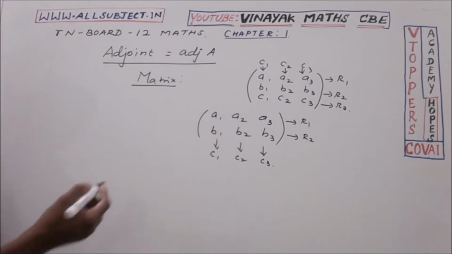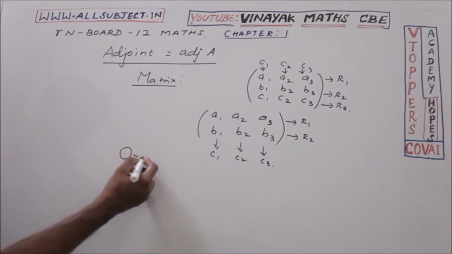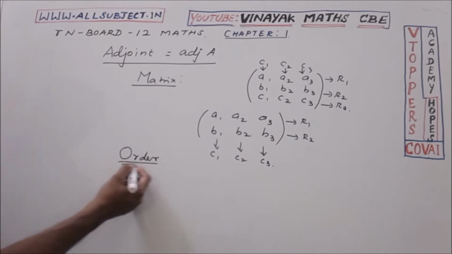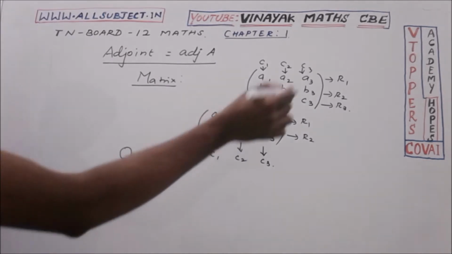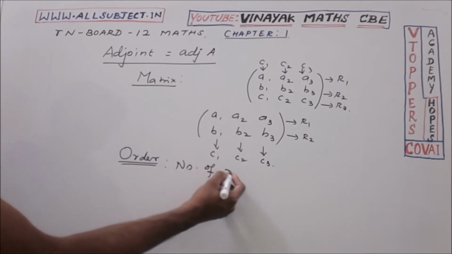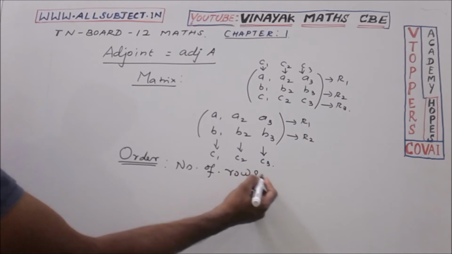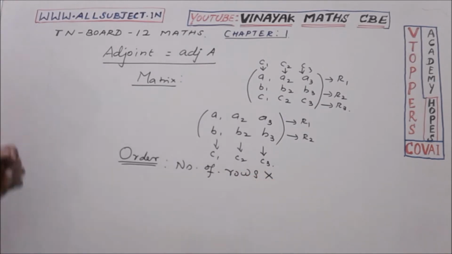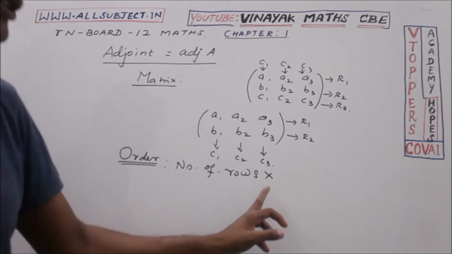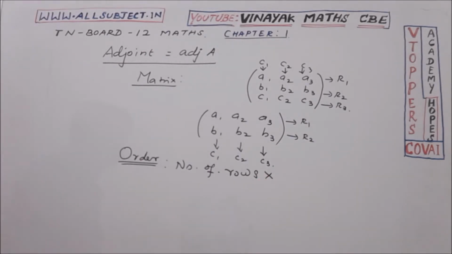Then we can define the order of a matrix. What is meant by order of a matrix? Order is nothing but counting the number of rows first in the matrix, and then by. You should not read it as cross or multiply; it is read as by.